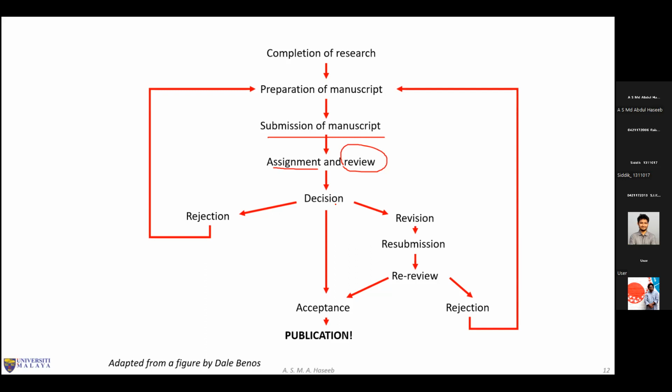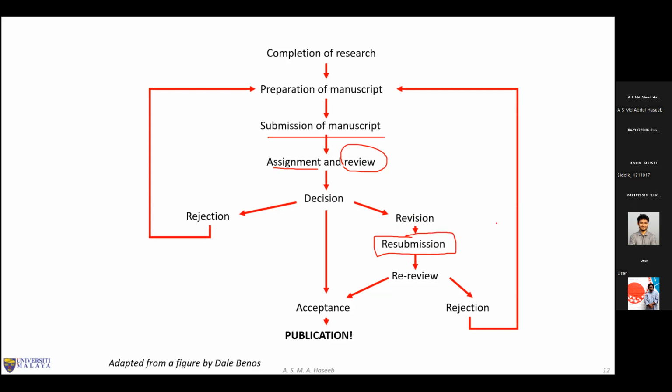On the other hand, if you are lucky, then the reviewer may tell you that you have to do a revision based on the comments made by the reviewers. So the editor will tell you. And those comments can be minor comments, can be major comments, and so on. So you have to do the revision properly and then resubmit it to the editor.